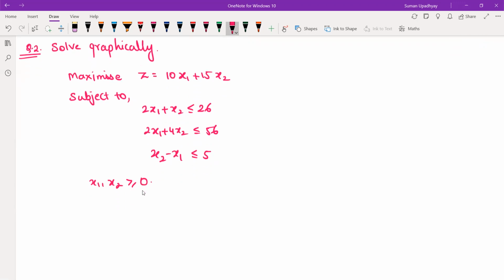Can you all do this problem? Can you all draw the graph of this? Okay, I'm giving you all 4 minutes. Draw the graph and tell me what you're getting. You can send me your graph on WhatsApp, okay, and I'll check that.